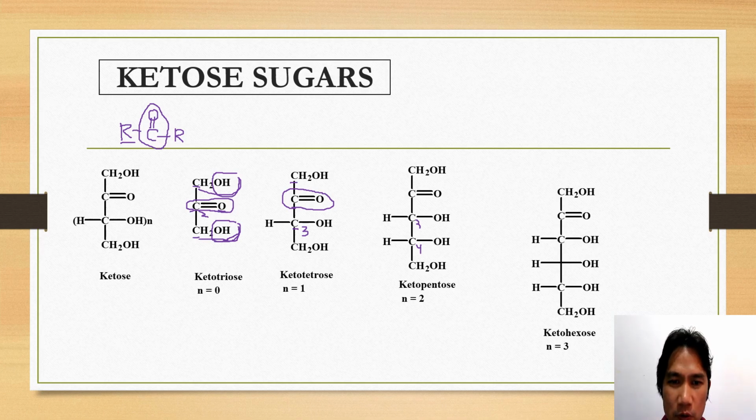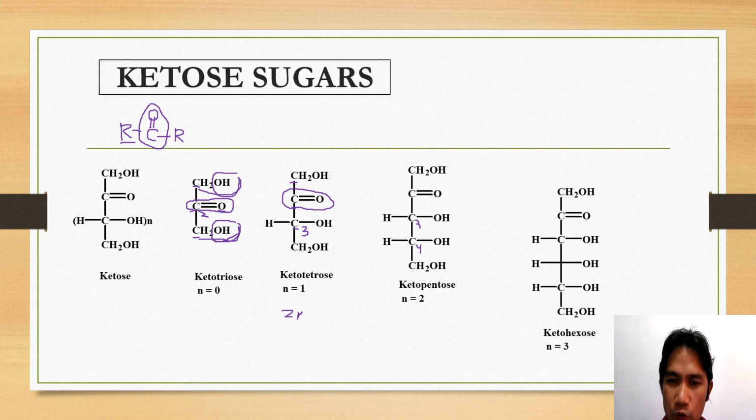All right, so as I said, a ketotetrose having 1 chiral center, 2 raised to 1, so we'll have 2 possible arrangements. A ketopentose has 5 carbon atoms, but there are only 2 chiral centers, so N is equal to 2.